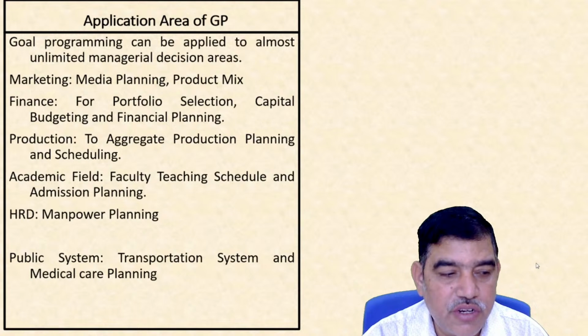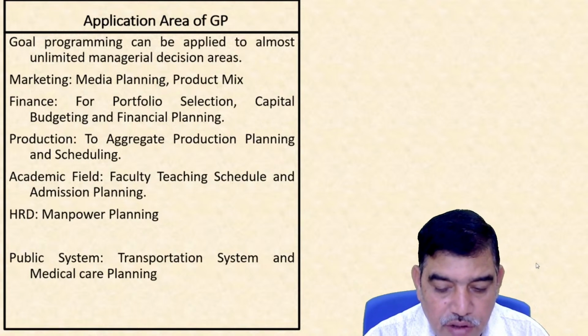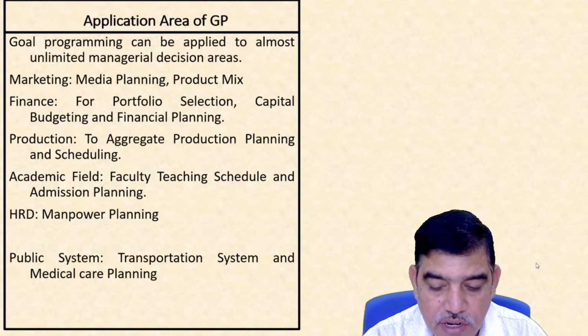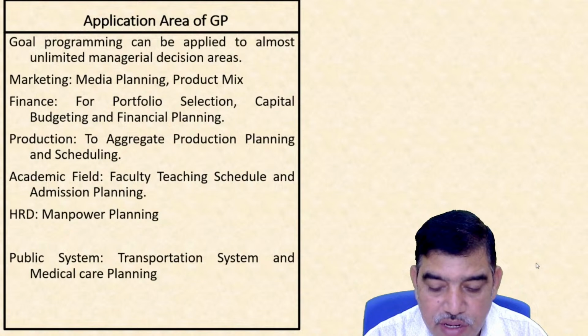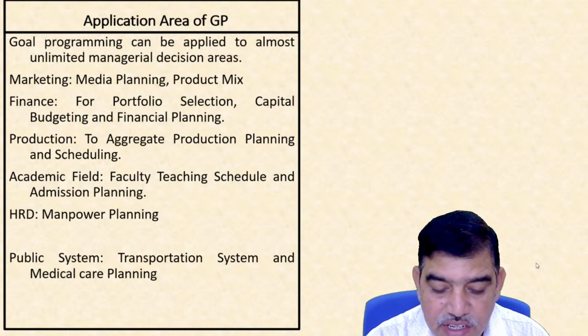It may be mentioned in passing that the limitations of the linear programming technique in terms of assumptions, namely additivity, divisibility, and deterministic, are attributes of goal programming also. Goal programming can be applied to almost unlimited managerial decision areas.